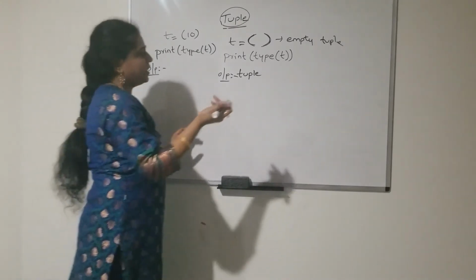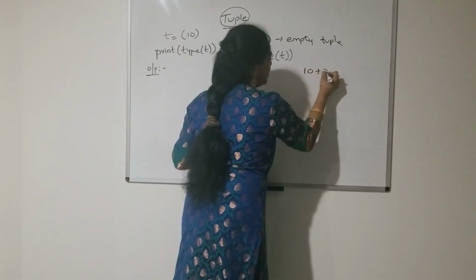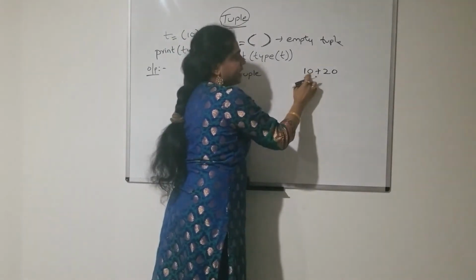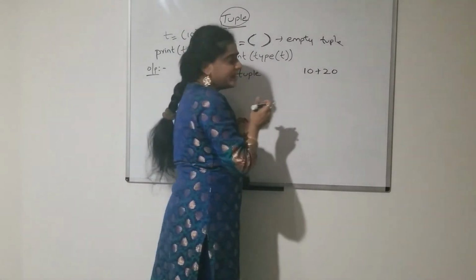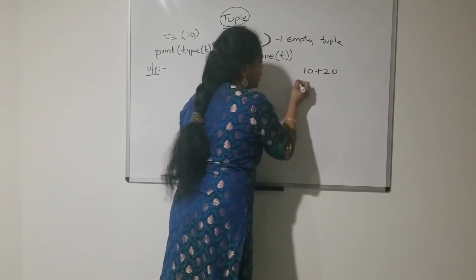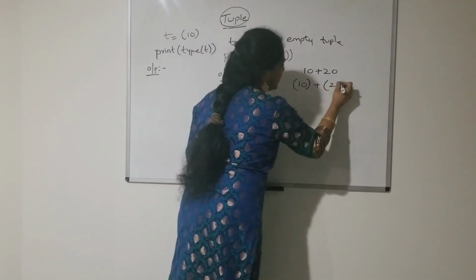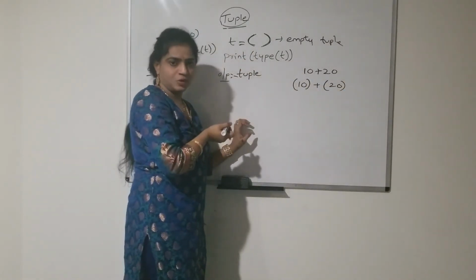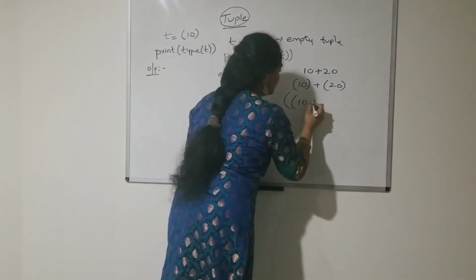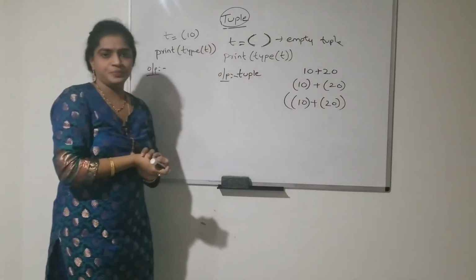See, generally in mathematics we take 10 plus 20, right. In the same manner, here you can also give the notation for 10 like this, 10 plus 20, like this also it is allowed. Or otherwise, 10 plus 20, this notation is also allowed.